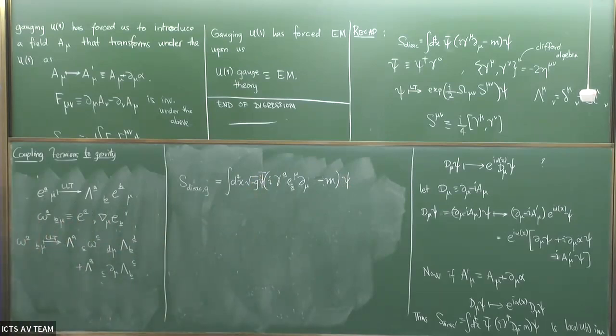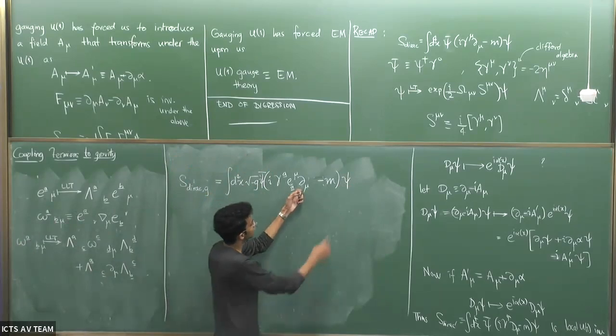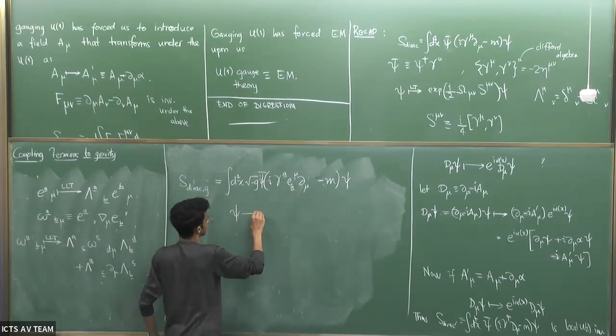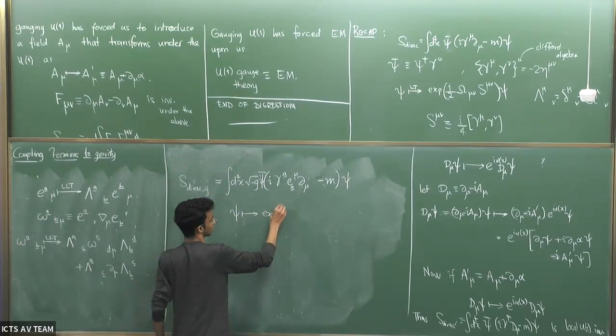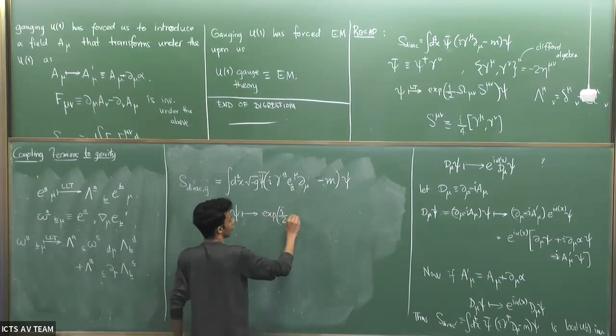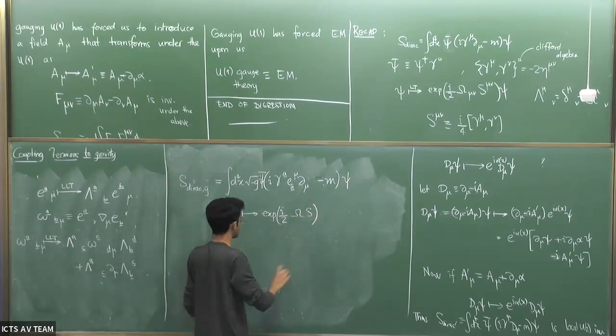Okay. But this has the problem that we faced while gauging, while making U1 local, right? The del mu, so now psi transforms how? Psi transforms as exponential i over 2 omega S. What indices should I use here?